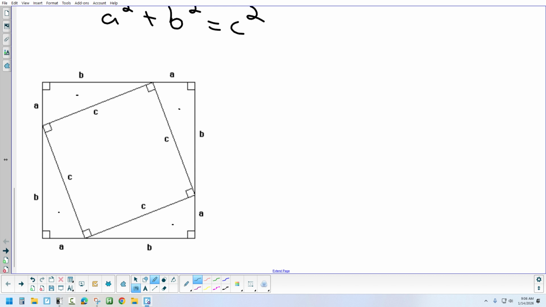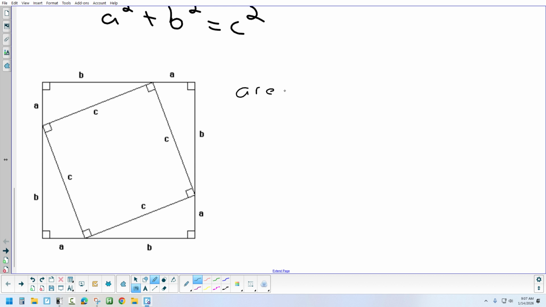They all have sides of A, B, and C. Now I want to find the area of the inner square. What's the area of the inner square? C squared. It's a square. It's tilted, but it's still a square, so it's c times c.